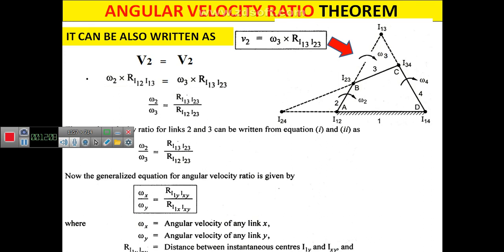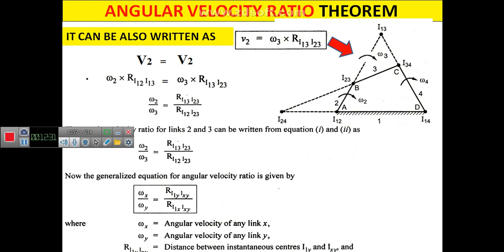You see the same velocity of link 2 is written as omega 3 into the radial distance of I13 to I23. So we have two formulas here. One is related to the angular velocity of 2, and the other is related to the angular velocity of 3.